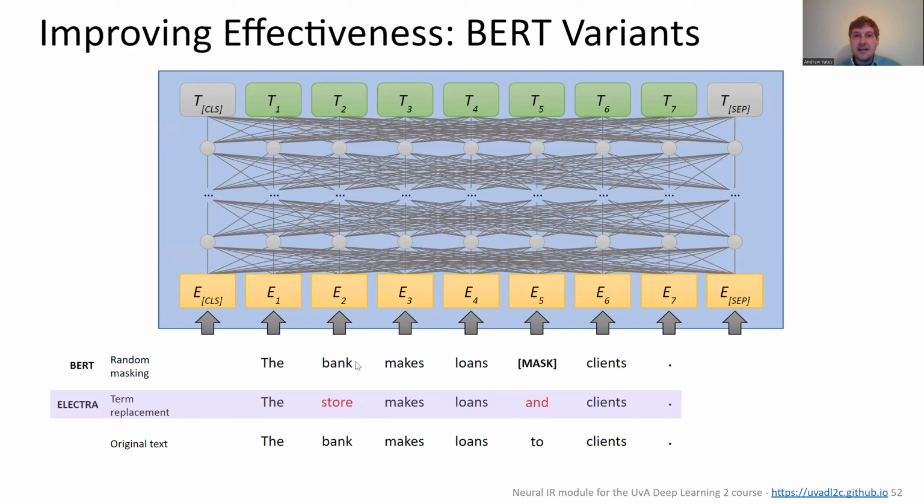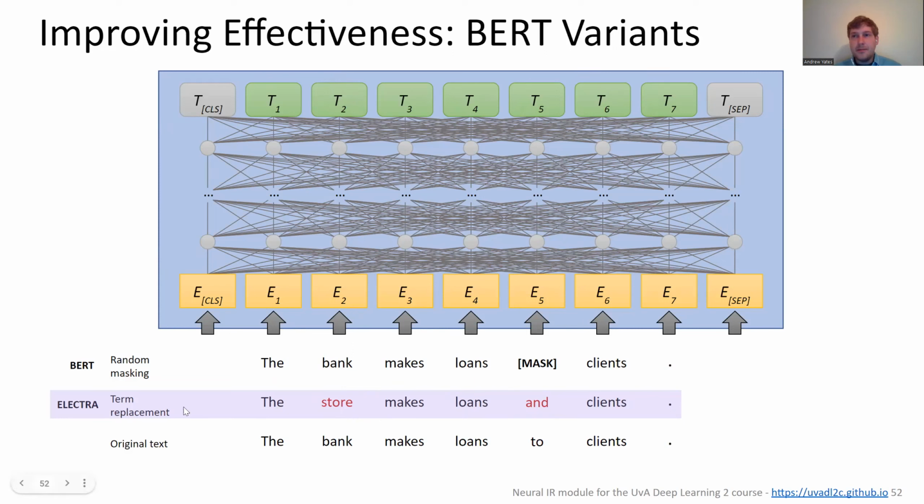And then Electra's task is to predict, based on the embedding that comes out, whether this term is the original or whether it was replaced. So in other words, the task is kind of to predict whether the term fits with the surrounding context or not. Bank fits with the context of loan and clients. Store doesn't so much fit with that context of loan and clients.